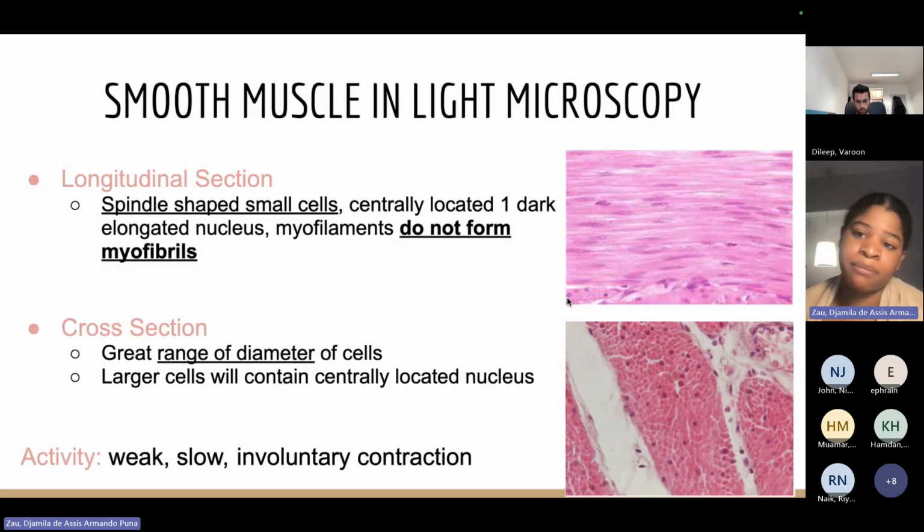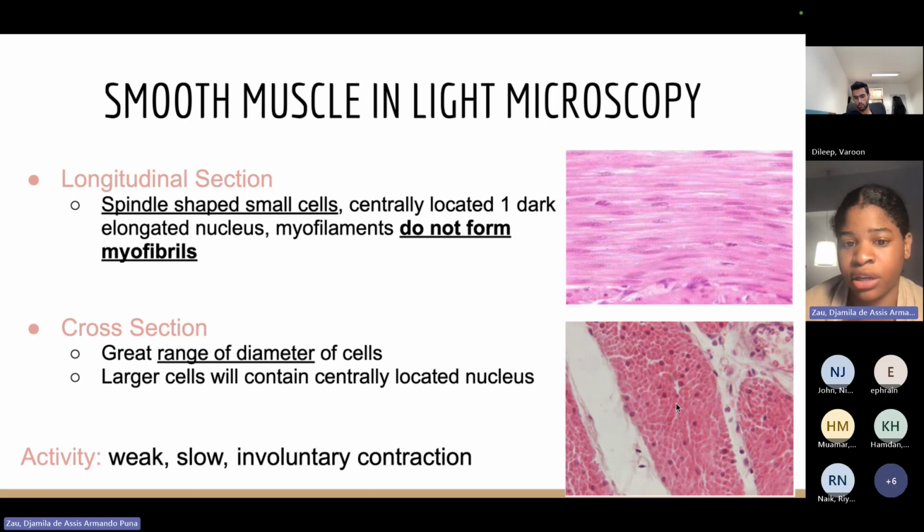In light microscopy, as Varun was mentioning, when we look at muscles, we can look at them in a longitudinal section and a cross section. In a longitudinal section, you can see small spindle-shaped cells, and centrally you see one dark elongated nucleus, and you will not see any myofibrils. In cross section, you see a great range of cell diameters, and larger cells contain a centrally located nucleus, which you can see with my mouse.